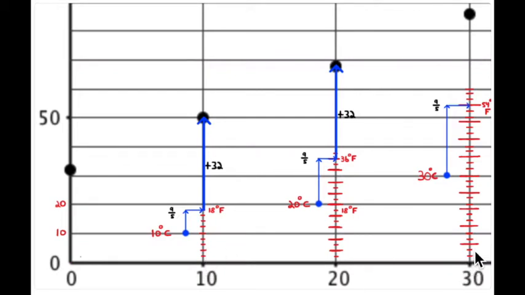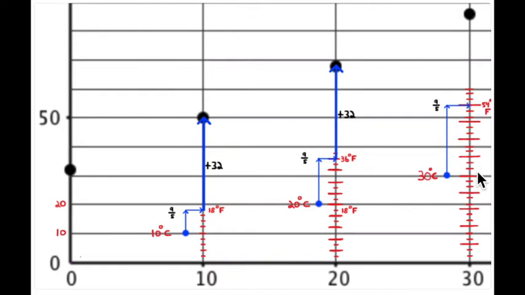So 1/5, 2/5, 3/5 is 2, 4, 6 degrees, or 1/5 of 30 degrees. So 1, 2, 3, 2/5. 1, 2, 3, 3/5. 1, 2, 3, 4/5. 1, 2, 3, 5/5. So 30 divided into fifths is 6 degrees each part.